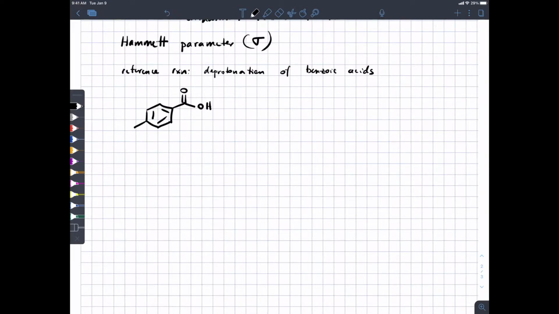And then you would have a substituent here, which we'll use as X, okay? And you would simply measure the position of the equilibrium here for the ability of that benzoic acid to protonate water to give you H3O+. Okay, so simple acid-base equilibrium.